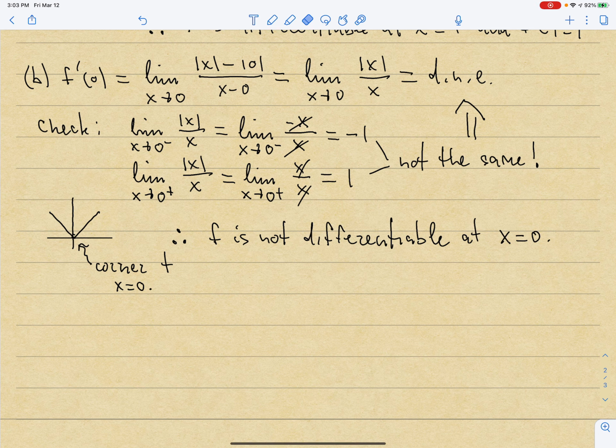Well, I know that somehow from the beginning, that there is a corner at x equal to 0. But also the computation that we just did, in fact, establishes that you have a corner at x equal to 0 because you're approaching 0 at different slopes from the right and from the left. So the slope from the right is 1, slope from the left is -1. So that means that you must have a corner.